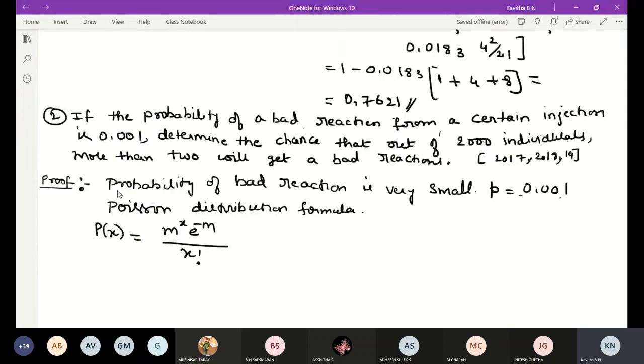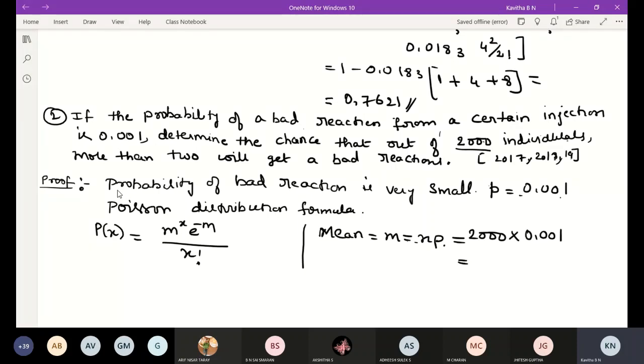Then we need to find the m value. Mean is nothing but m only. Means m is equal to np. Then n is what here? 2000, into p value 0.001.